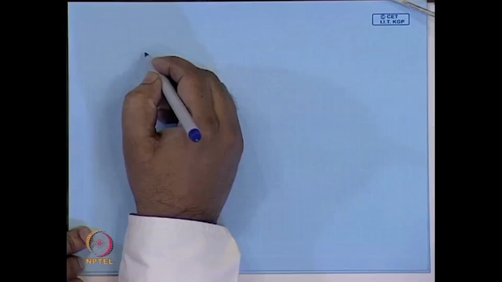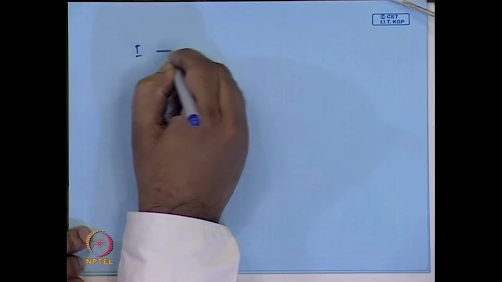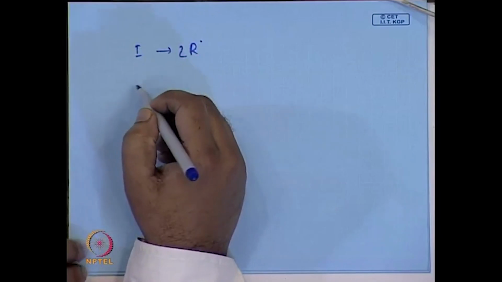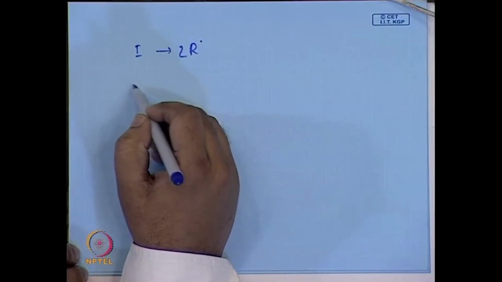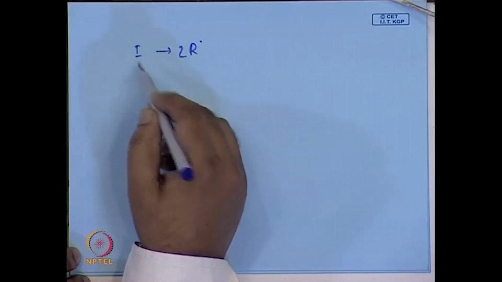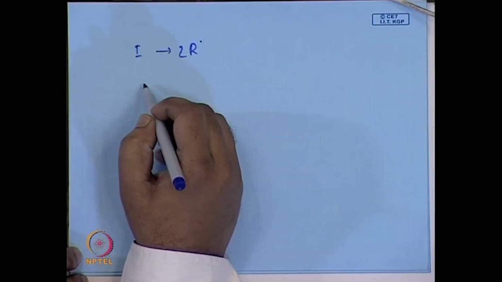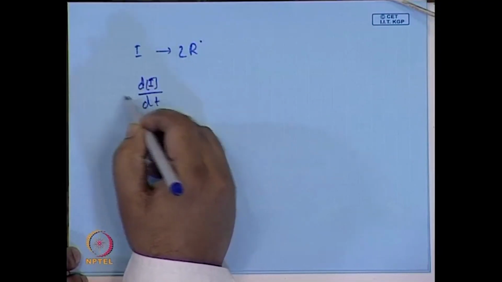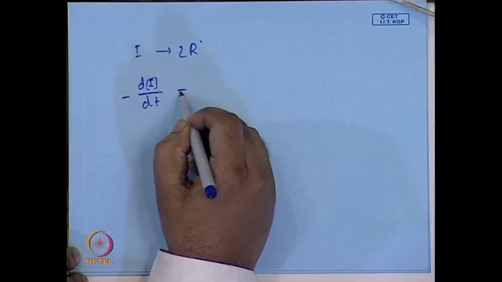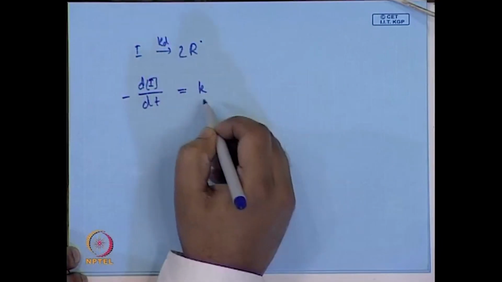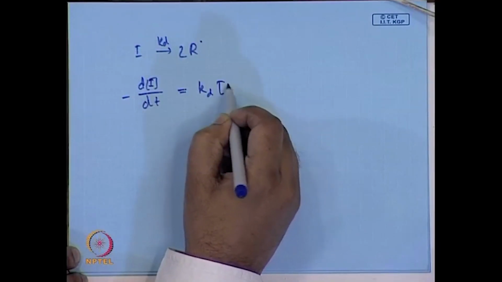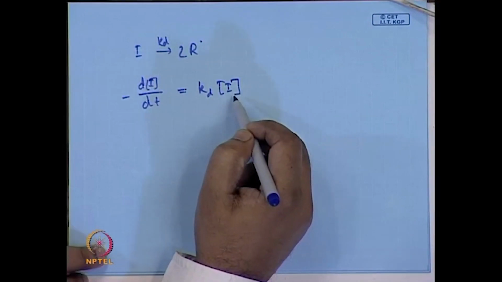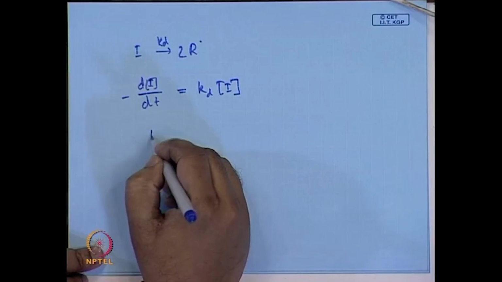Now, this radical gets generated from an initiator species. If I want to find out how fast this radical generation happens, we can write this rate equation, which is basically the dissociation constant multiplied by the initiator concentration, as this follows first order kinetics.